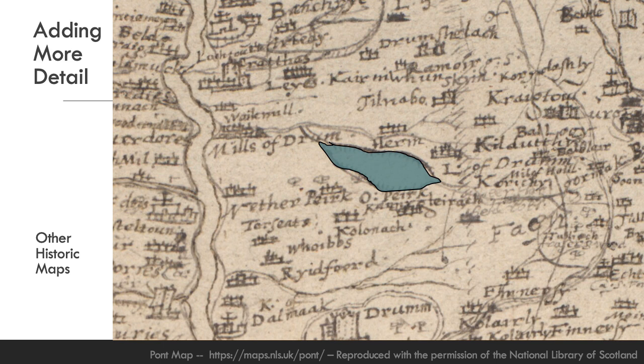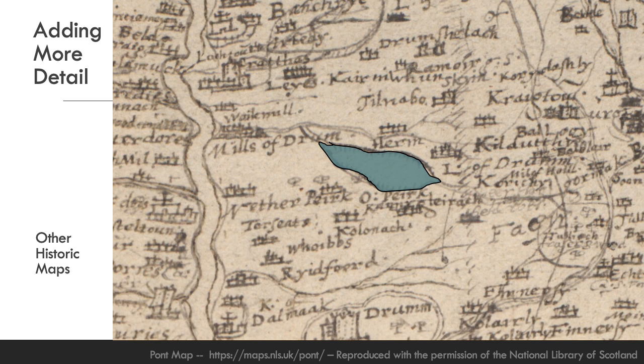So a depiction of a loch is a really good indication that there was a loch there, and more often than not, Pont and some of the other early surveyors were very good at showing how they related in terms of directionality to other features, but what they are not good at is showing the actual sort of geometrical accuracy of these features, including lochs.